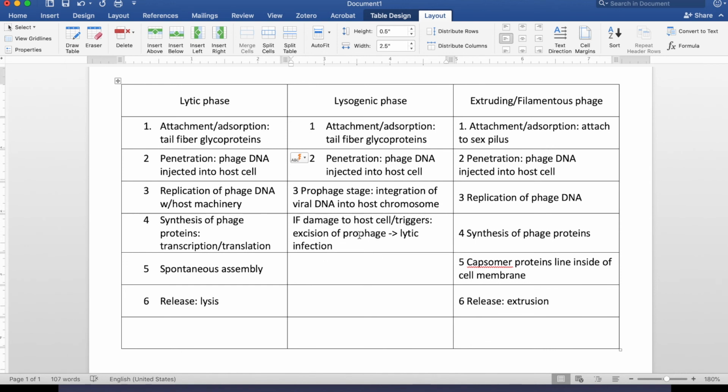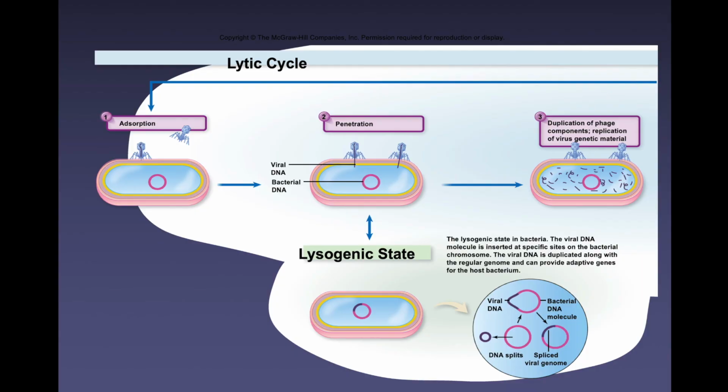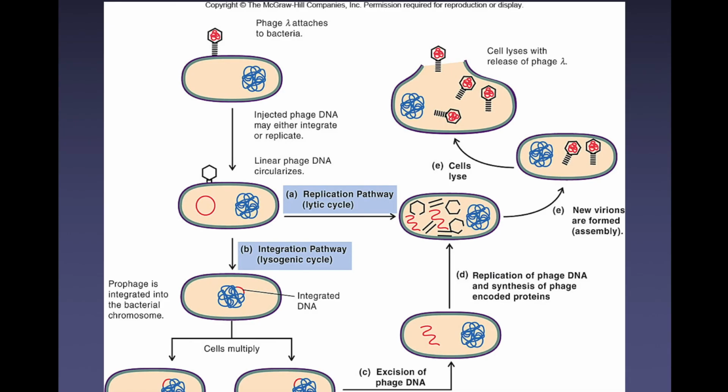So if this does happen, you'll have this DNA cut out and essentially move right back over here to steps 3, 4, 5, and 6. And I think I have a picture of how that would look. Yep. So here we have an example of phage lambda. This is an example of a temperate phage that can undergo both a lysogenic phase and a lytic phase.